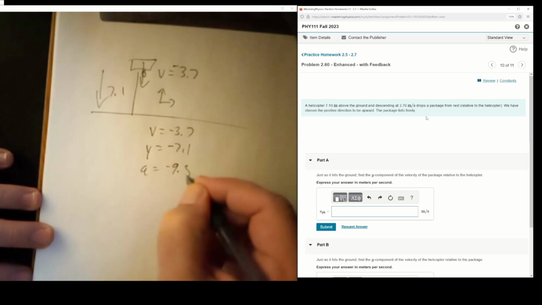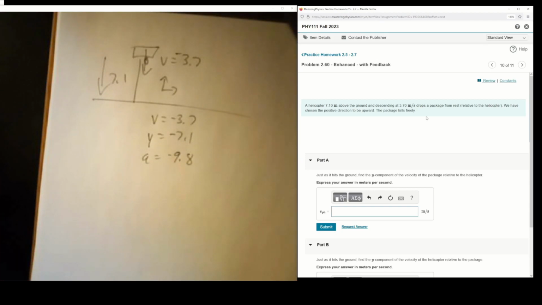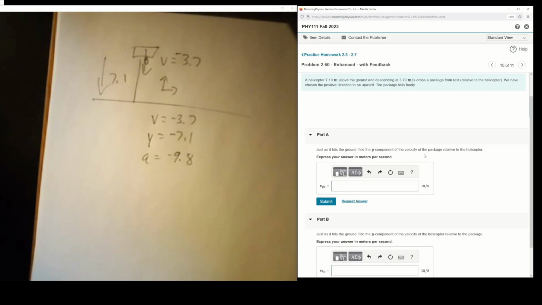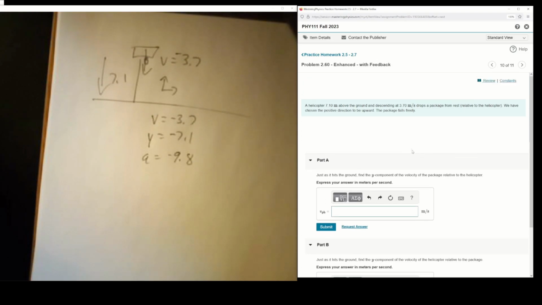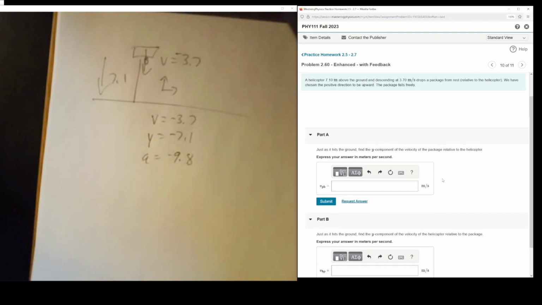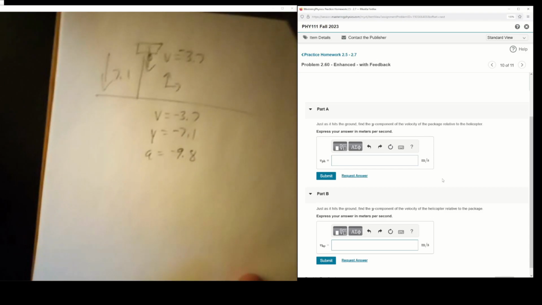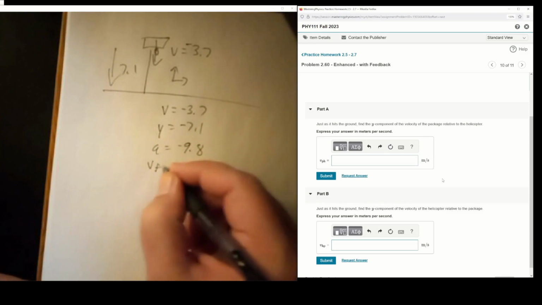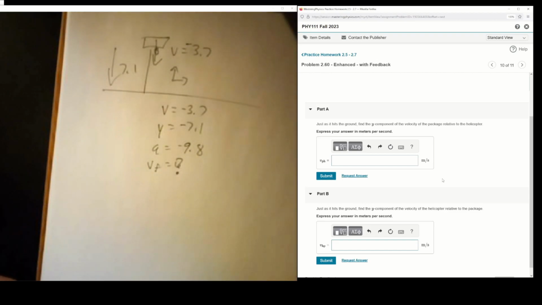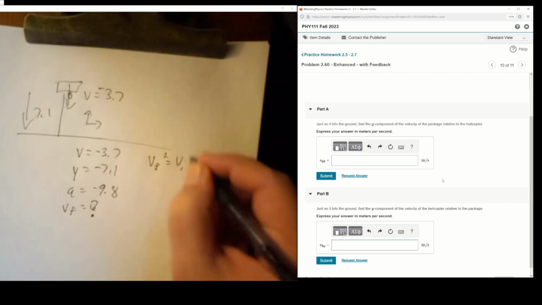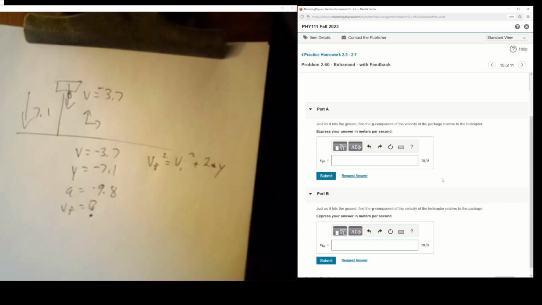Acceleration due to gravity, all negative numbers here. And they want to know, just as it hits the ground, find the y component of the velocity of the package. Usually when they say y component, that means there's an x component as well. That better not be. I don't see that it's moving forward. So they just want to know, what is this final velocity when it hits the ground? And we can use this kinematic equation, plug our stuff in.